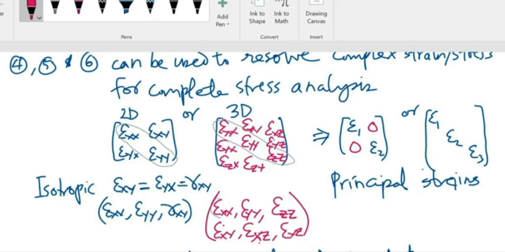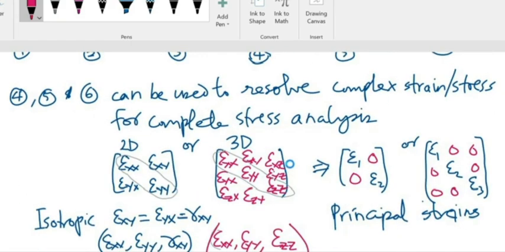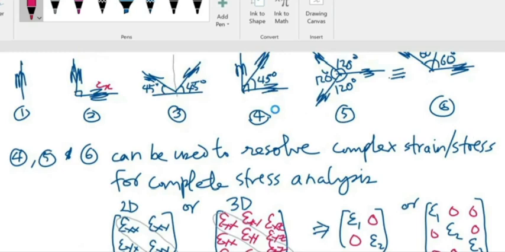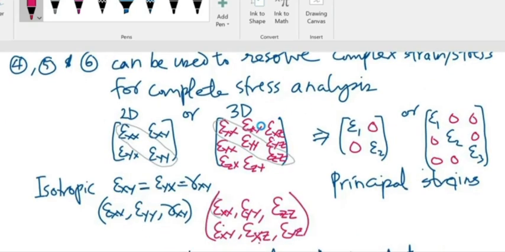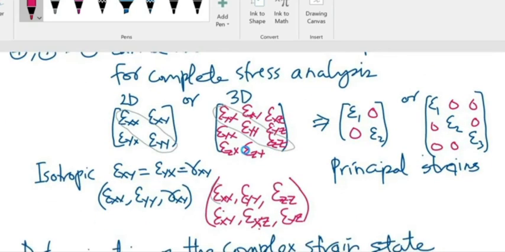And then we can be able to use the maximum principal strains to be able to determine our corresponding maximum principal stresses, so that we can be able to determine factor of safety, whether it is going to be safe or the loading applied is beyond the safe limit. So this is what we mean by complete stress analysis. So 4, 5, and 6, we can be able to use it to carry out complete stress analysis of components.